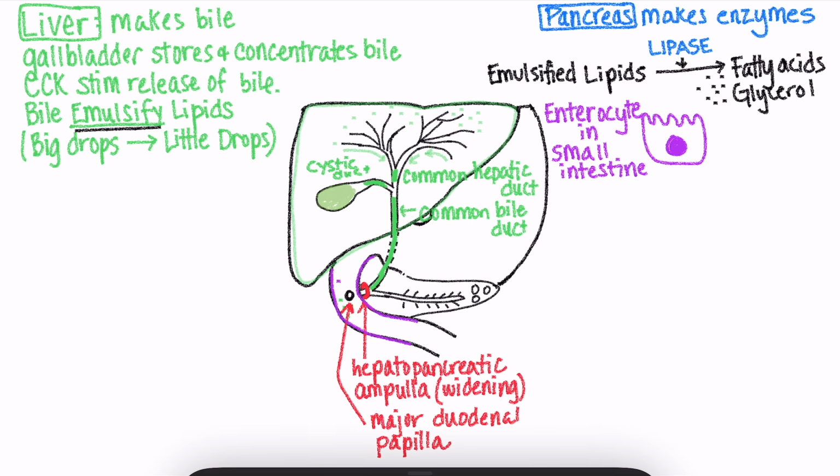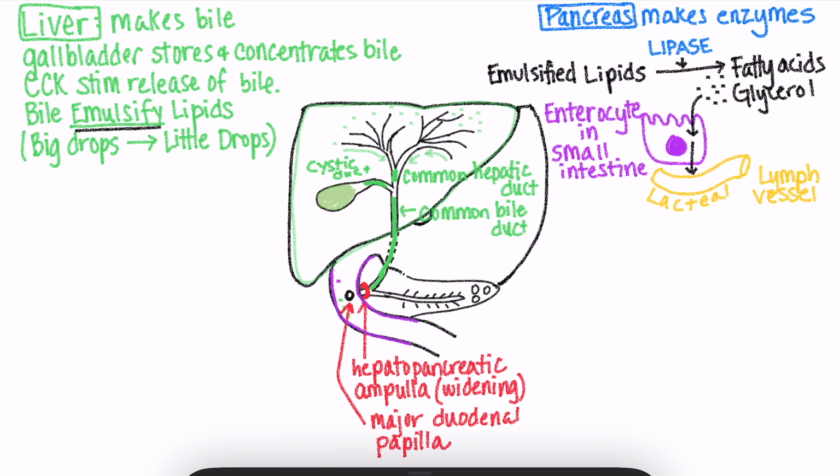So those fatty acids and glycerol are able to be absorbed right through these cells, and then they enter vessels of the lymphatic system called lacteals. And I'll draw them in yellow because they're not a blood vessel, they contain lymph. So we call this a lacteal, and it is a lymphatic vessel.